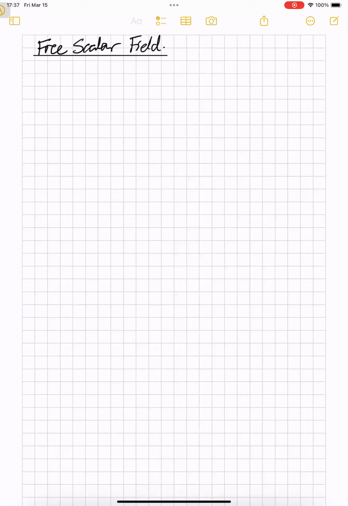The good news, however, is that canonical quantization will generalize, and we'll also be able to study interacting fields with canonical quantization. Okay, so let's get started with what I hope is a very well-motivated and easy to understand discussion of the free scalar field.